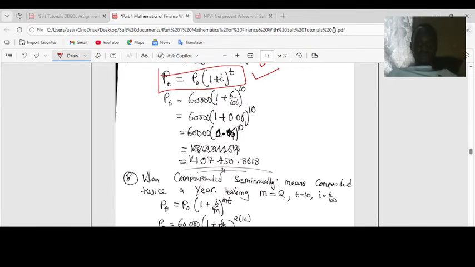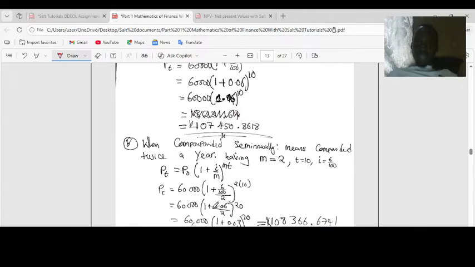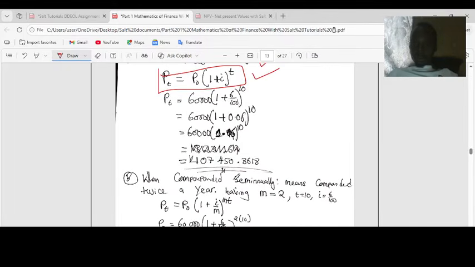Now the question comes: what happens when I want to calculate the future value this time when interest is compounded semi-annually? Semi-annually means we are compounding interest twice a year.